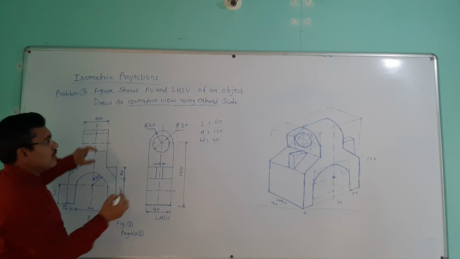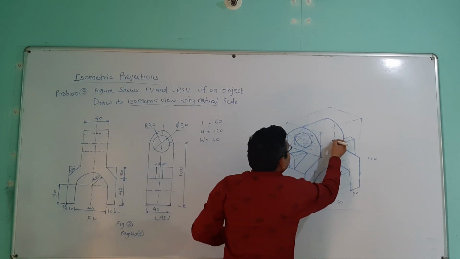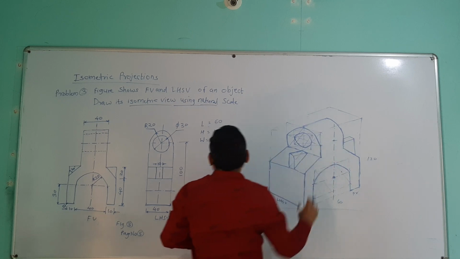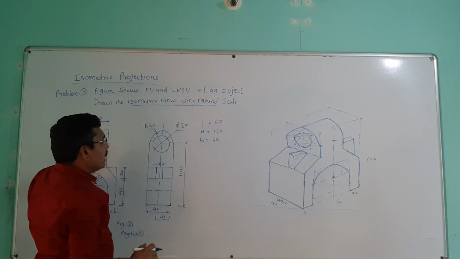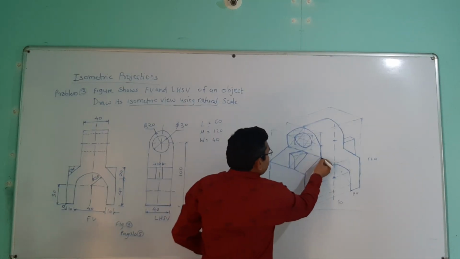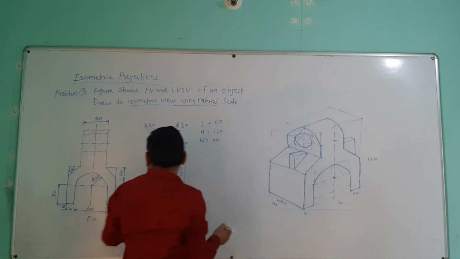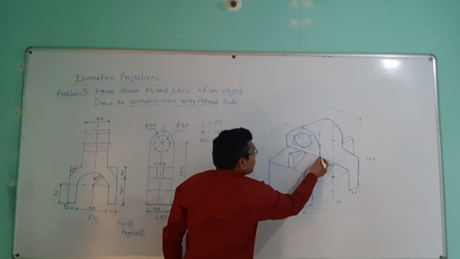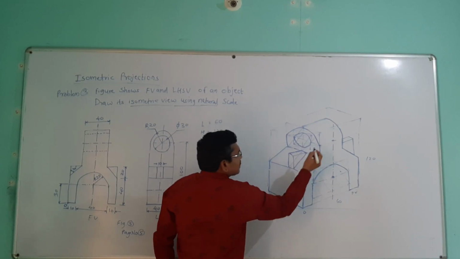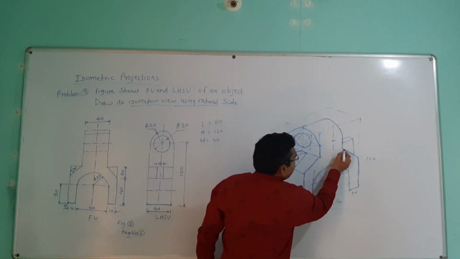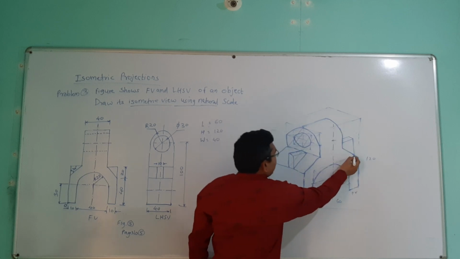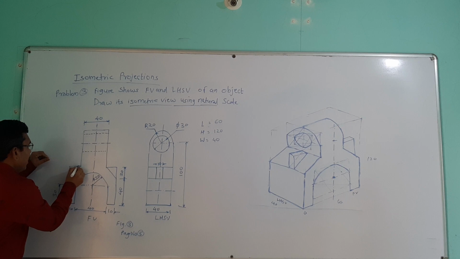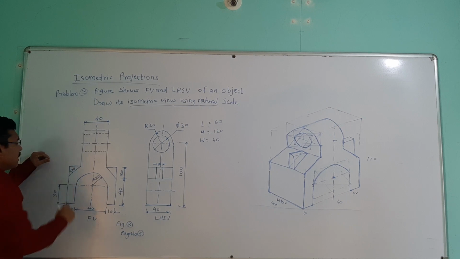Let us keep that 20 mm dimension separate from this, and below this you draw a 20 mm line. Then these two non-isometric lines join to the end point, so from this point you draw a line. Similarly, from this point you draw a line.